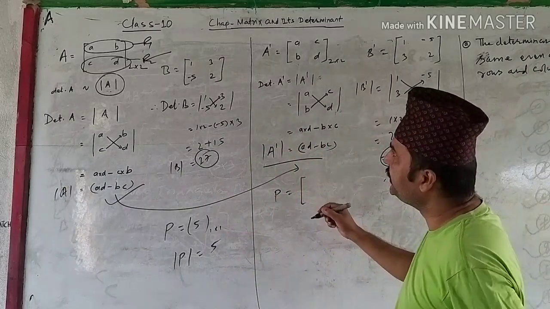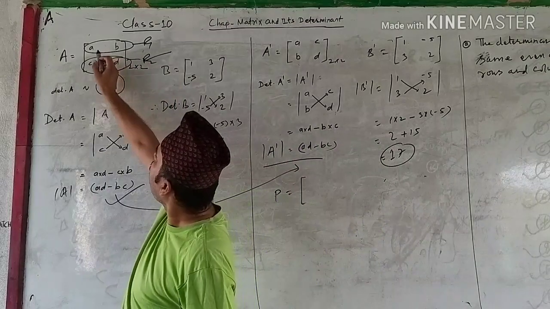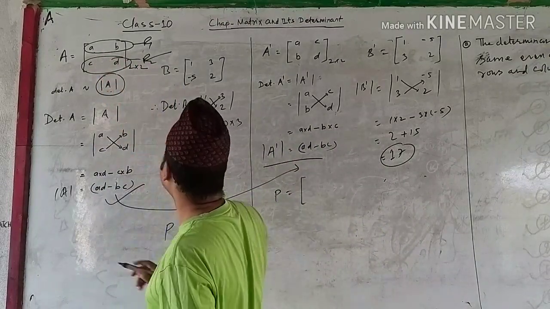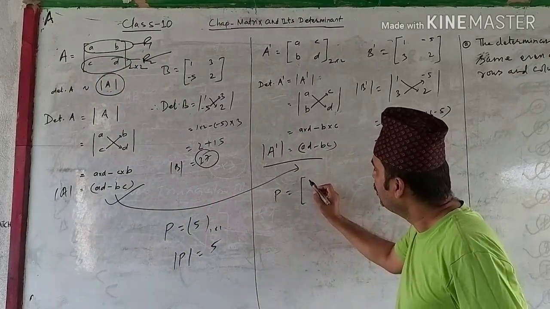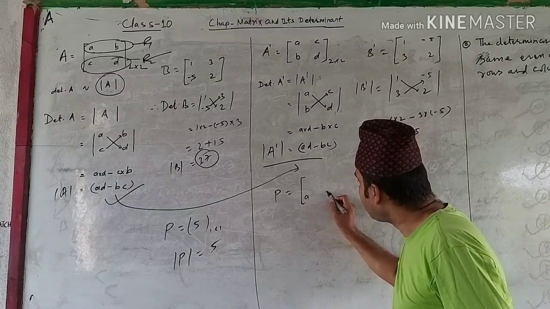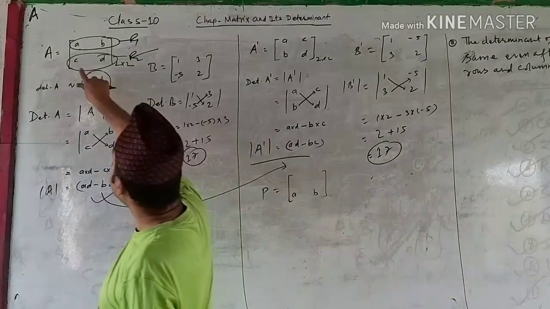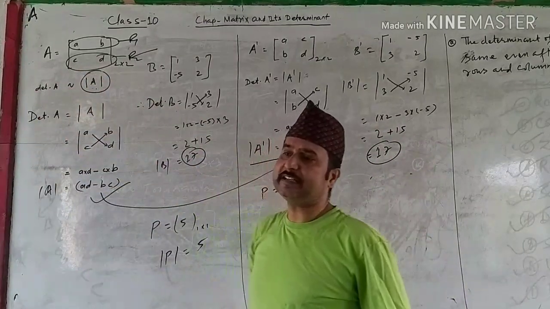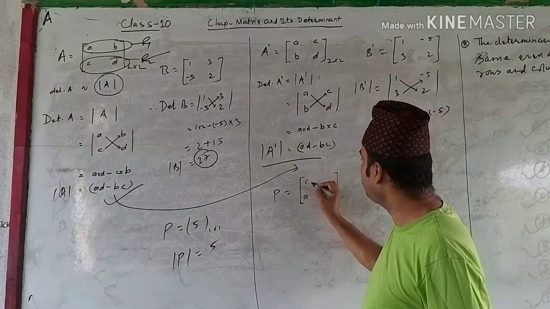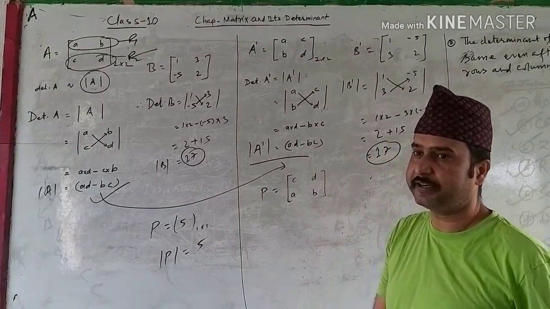Now, for example, here, what is the first row over here? AB is the first row. Here I am taking matrix P, and I am giving that AB in the second row, and the elements lying in the second row, I am writing in the first row.